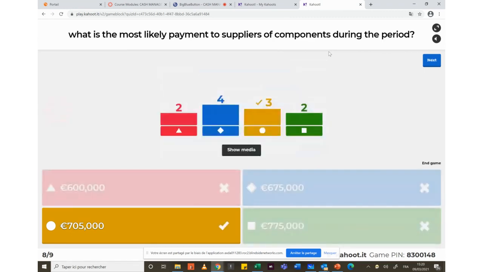The good answer, 705,000. So we will see the correction.